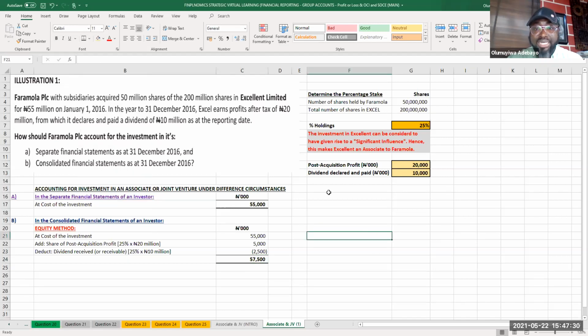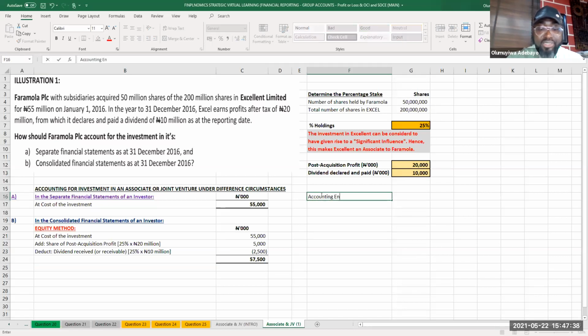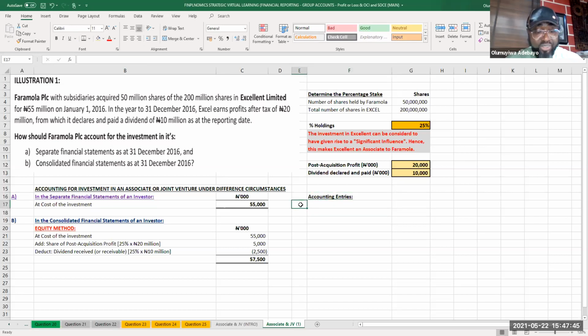Now, what will have been the accounting entries? The accounting entries will have been as follows to recognize all what you have done.